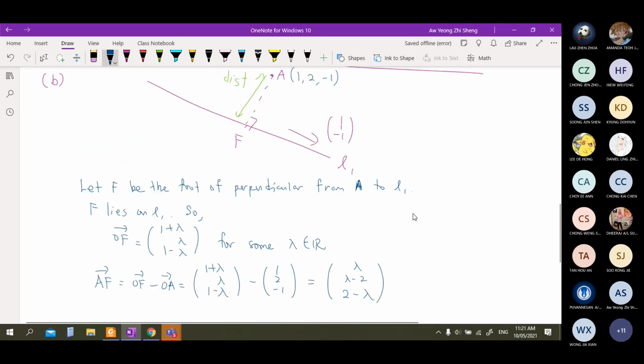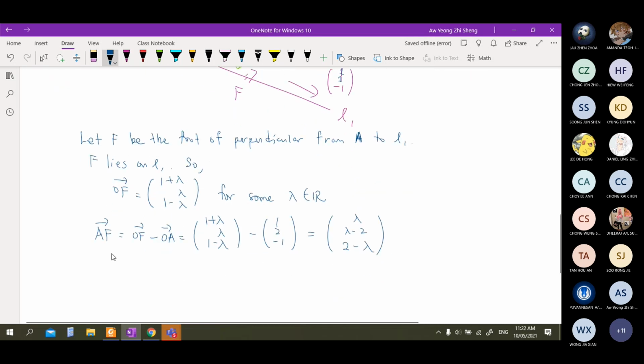Then next, notice that the vector AF is perpendicular to the line L1. This means vector AF dotted with the direction vector of L1, which is (1, 1, -1), is equal to 0.